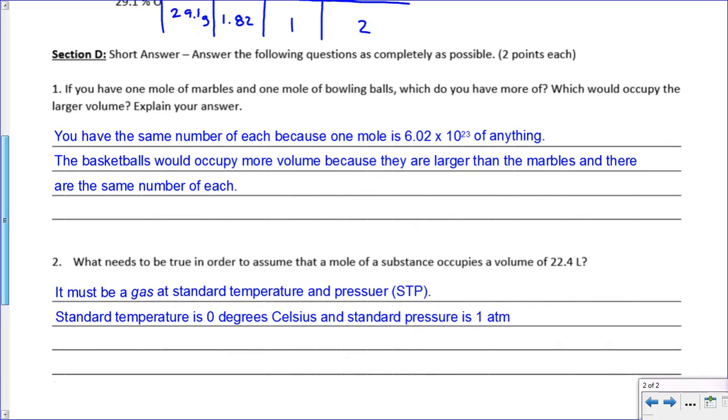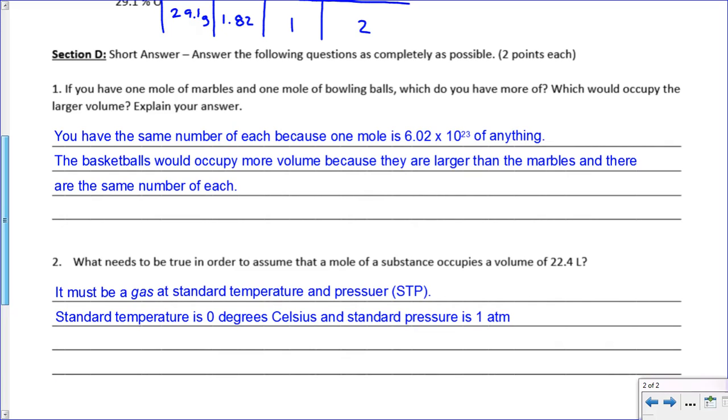And so when I brought those baggies into class and you saw that a mole of sodium chloride, a mole of table salt, actually was much, much smaller in volume than a mole of sugar, I indicated that that was because the two different particles had different sizes. A sugar molecule is much, much larger than a formula unit of sodium chloride.